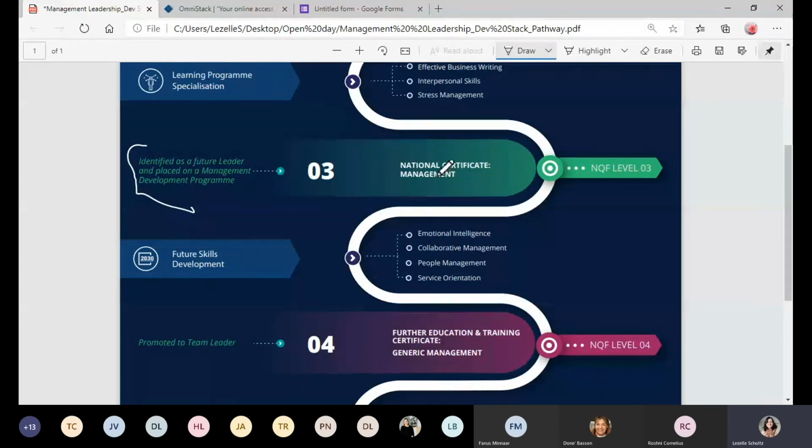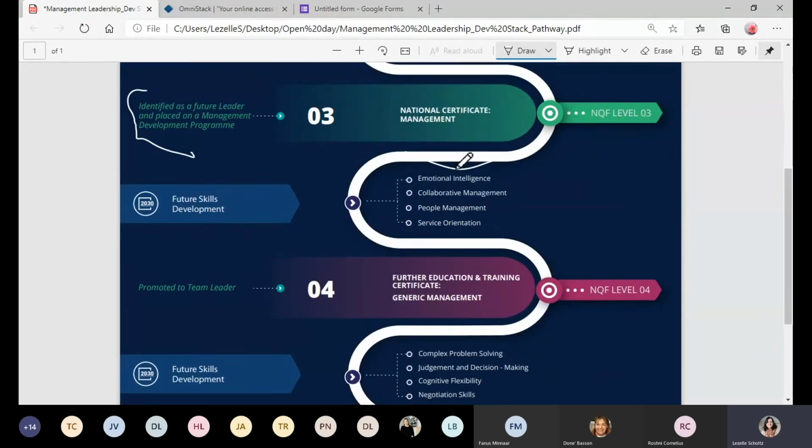At Omni, we offer an NQF level 3 national certificate in management. Now you can see this individual is progressing along this development stack. He's already achieved a national qualification on an NQF level 2, giving him the fundamental understanding of workplace readiness, and they're now moving on in this management development program.